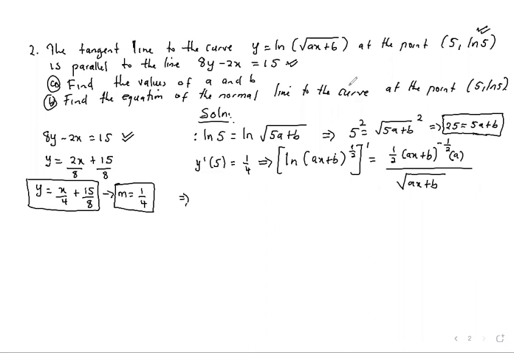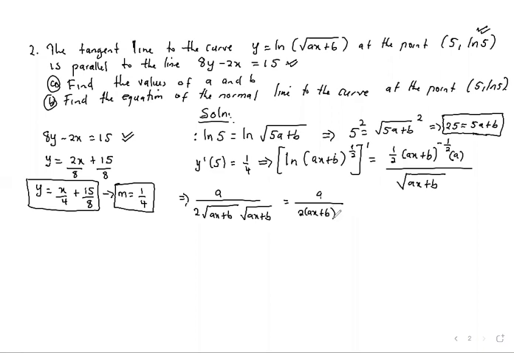So that negative half can go down. So we're going to have half on top, we just remain with a, and the 2 root ax plus b, another root ax plus b. This can be simplified as a over 2 times ax plus b.